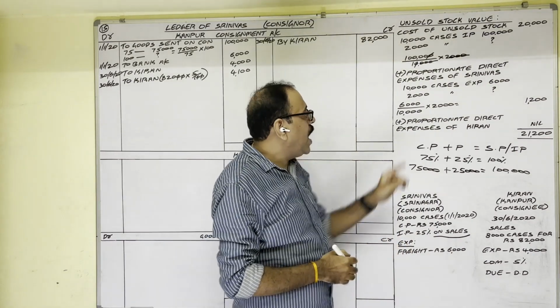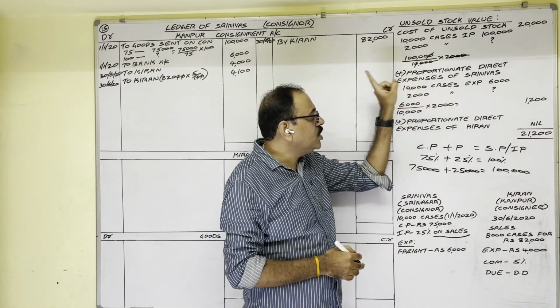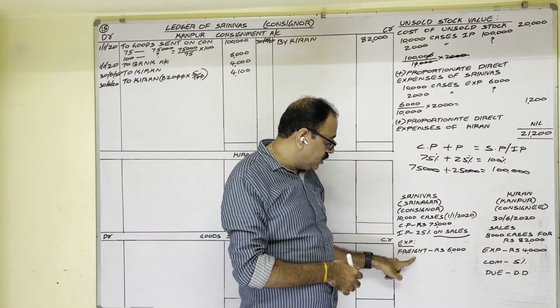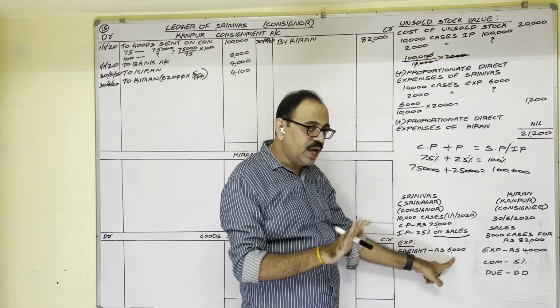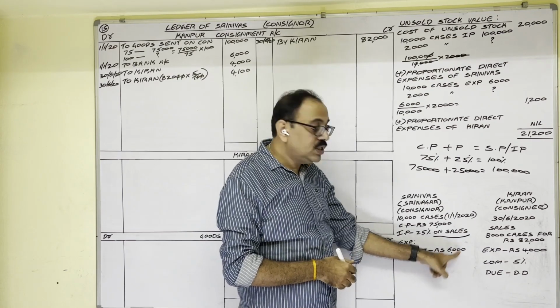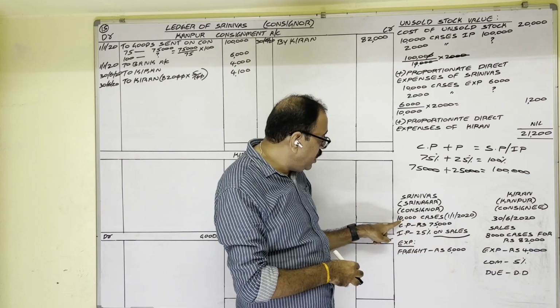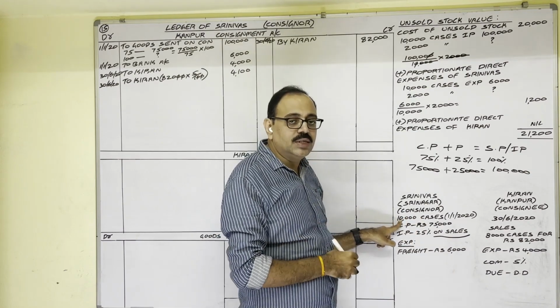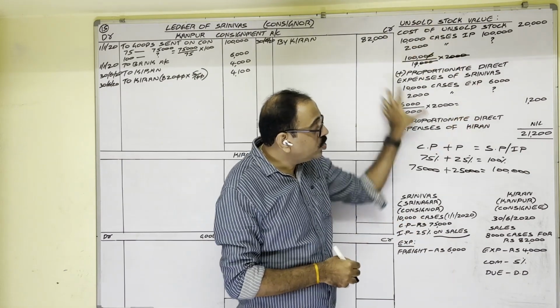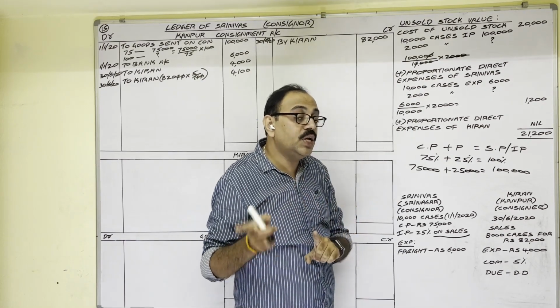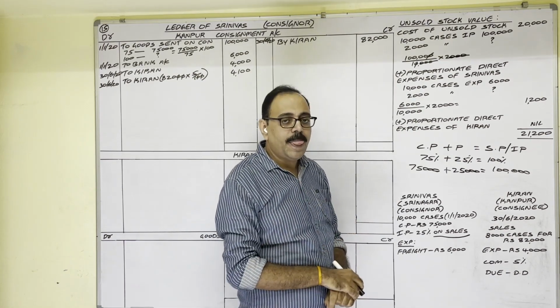To this, add proportionate direct expenses of consignor and consignee. Consignor expenses, all expenses are always direct expenses, no? So 6,000 we should consider. 6,000 he incurred on how many cases? 10,000 cases. We are calculating 2,000 cases value. So 2,000 cases related consignor expenses only we should take now.